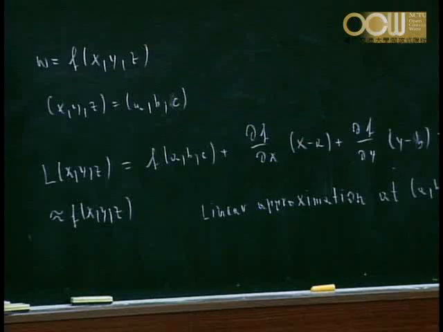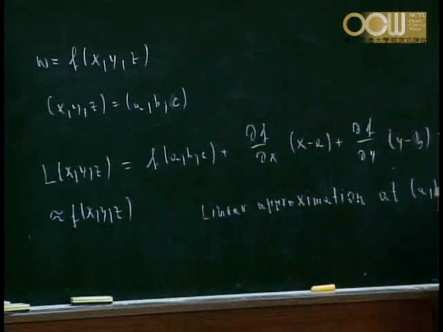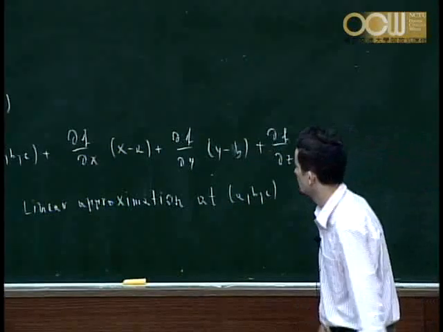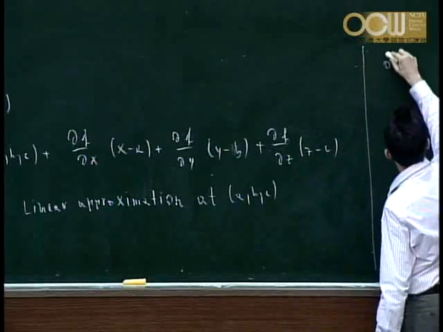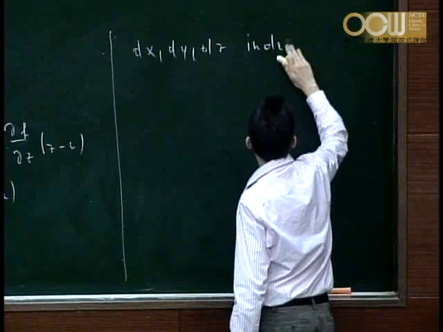Now, the function will be called differentiable if the linear approximation is a good approximation in a certain sense, in a similar sense as for functions of two variables. And again, we say that dx, dy, and dz are independent variables.